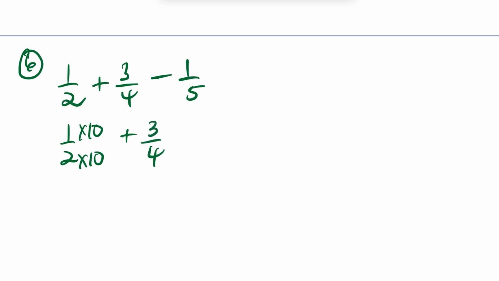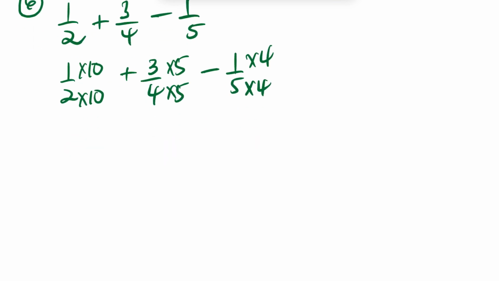To make it 20, times by what? By 5, times by 5. And then 1 over 5, and to make the 5 into 20, times by what? By 4, times by 4. I hope that makes sense, guys. And then it's going to be 10 over 20 plus 15 over 20, and then minus 4 over 20.